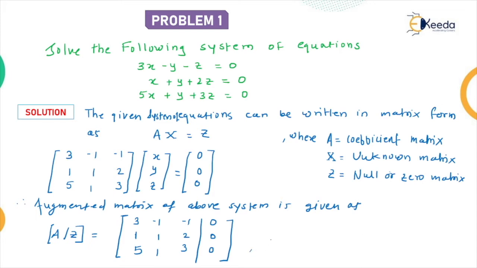Now we have to convert the augmented matrix into echelon form. Let me write the next step here: we have to reduce the augmented matrix to echelon form.